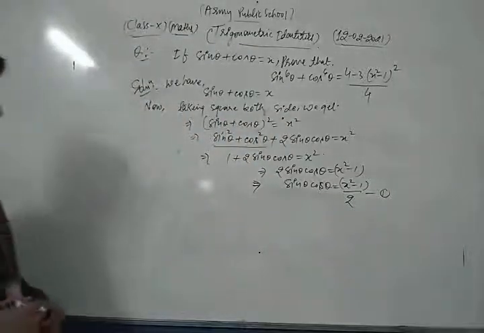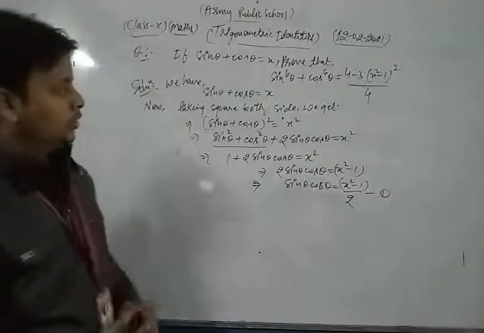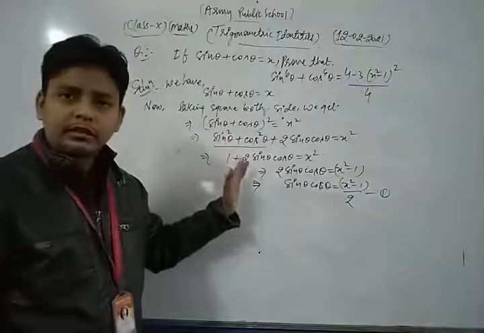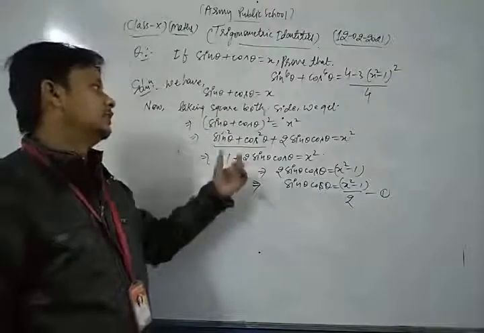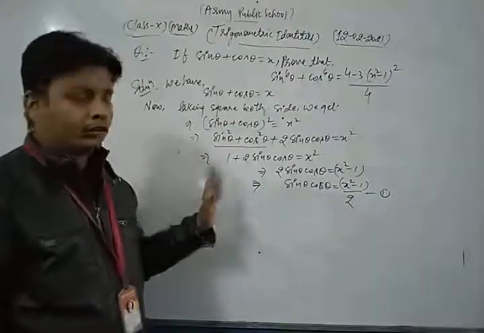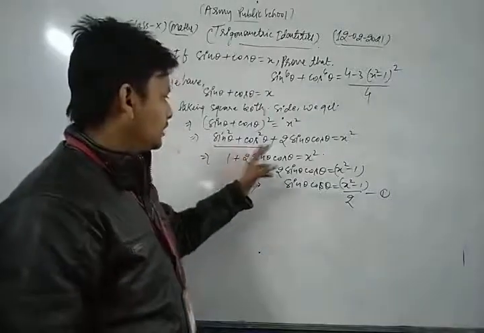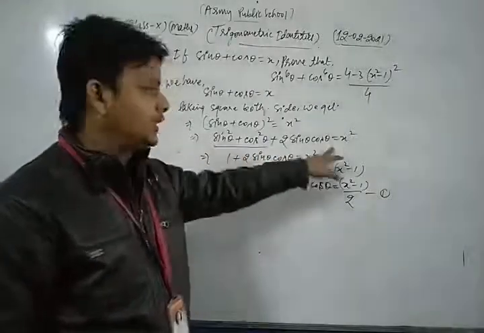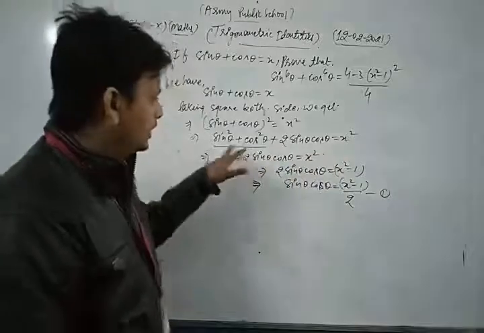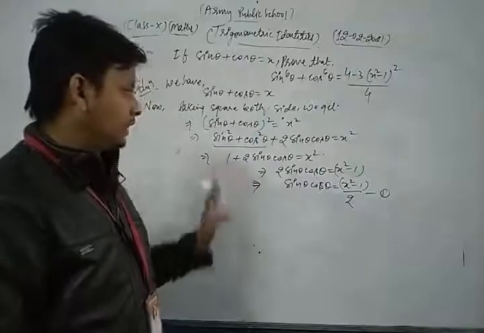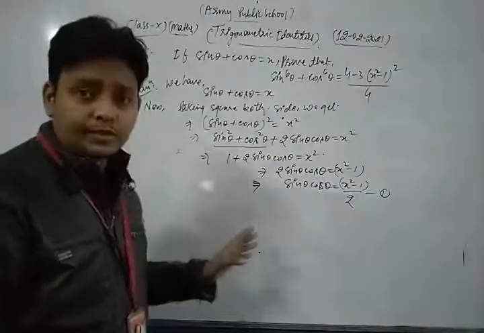Okay, dear students, so first of all, we take squaring both sides and simplify them. When we simplify, we get a square plus b square plus 2ab is equal to x square, and here the value of sin square plus cos square is 1, so we write 1 plus 2 sin into cos is equal to x square.